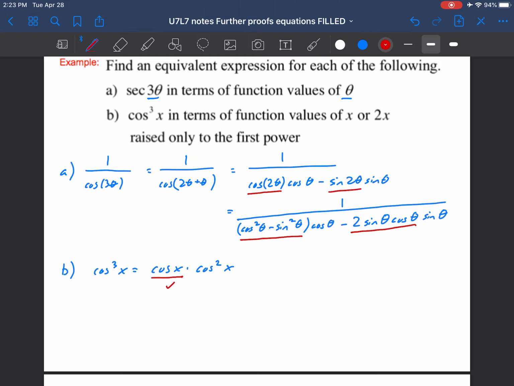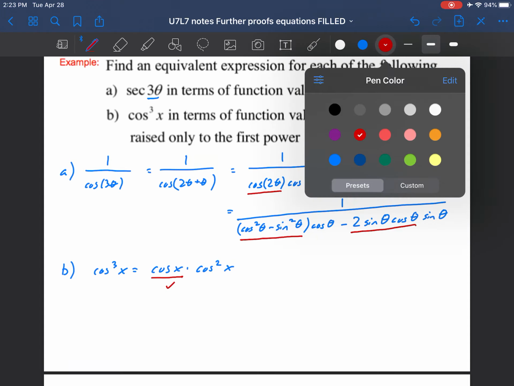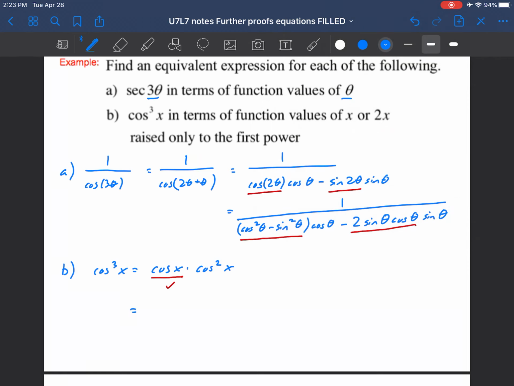So let's write this as, get my pen, cosine squared x is, so this is cosine x, I gotta think now.